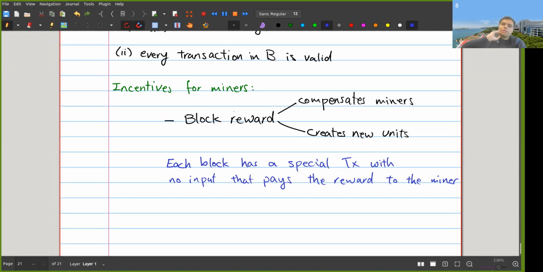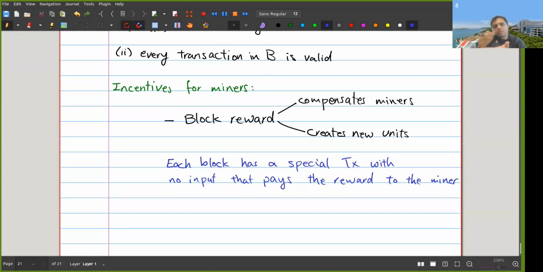Now we can be sure that the miners will do the mining, and we can be sure that we have a way of creating new units of currency. And in Bitcoin, generally, the block reward was 50 Bitcoins at the beginning, but at some predetermined intervals, it gets halved. So it became 25 Bitcoins, then it became 12 and a half, and now I think it's 6.25 Bitcoins every time you mine a new block.